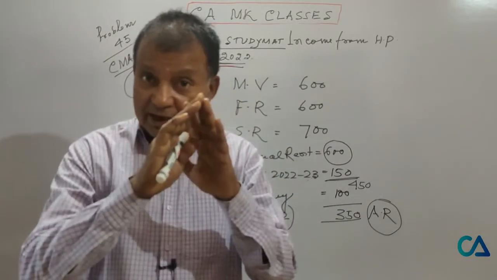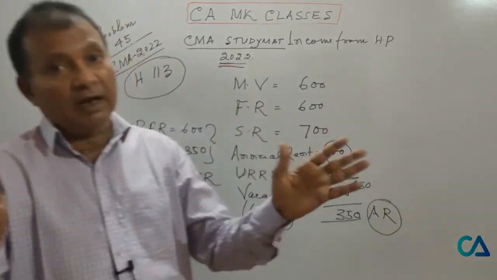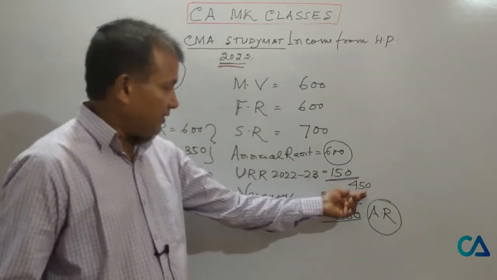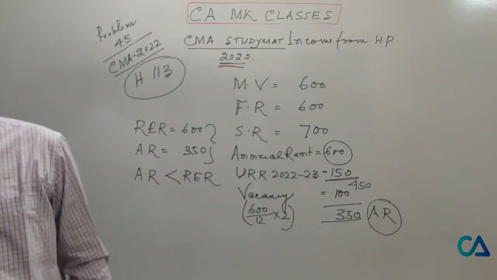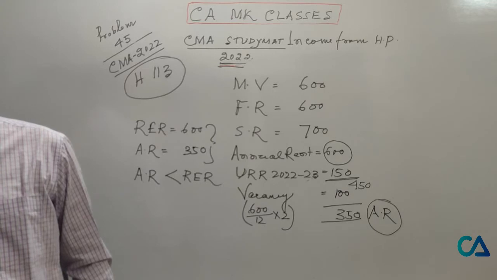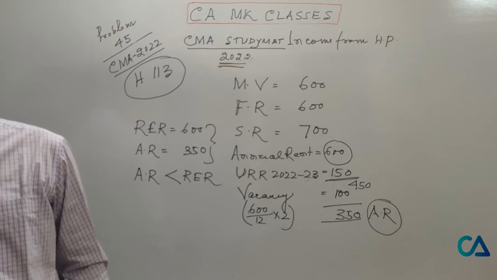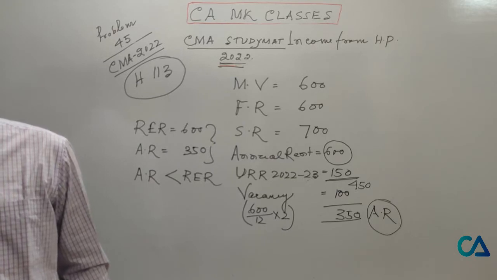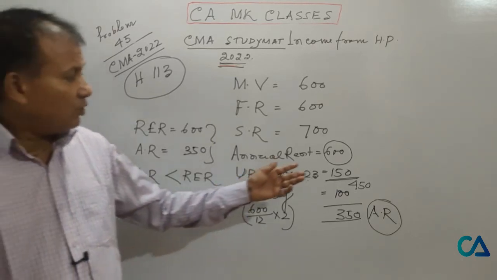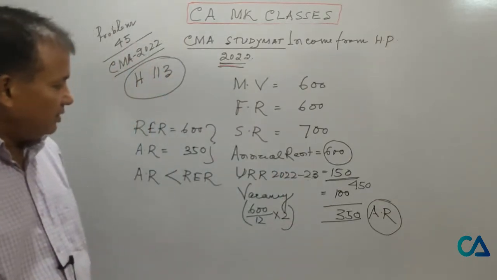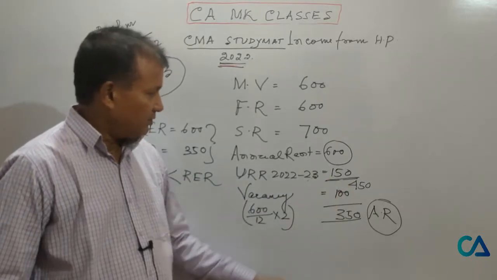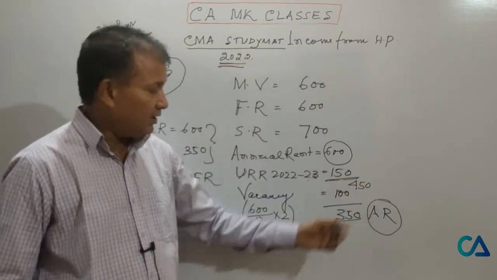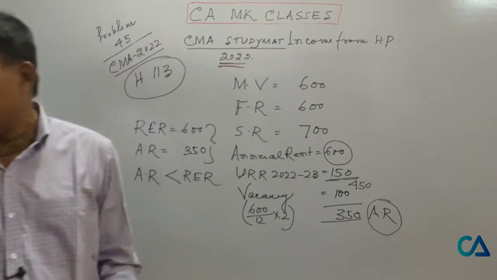Because the annual rent is 600, and if I deduct the unrealized rent here, it comes to 450.